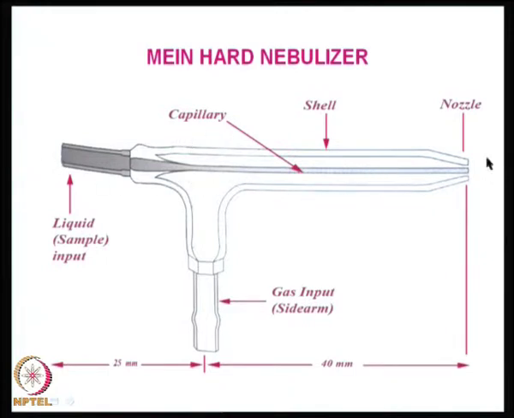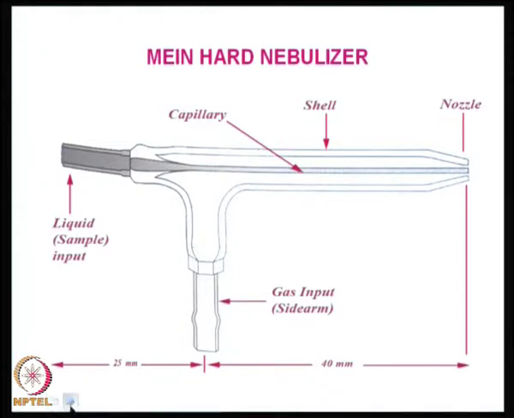There is a capillary here near the nozzle, there is Bernoulli effect because the gas is flowing all around it at a very high velocity, and the gas input is like this, and this is the outer shell, this is the capillary through which the sample is flowing, and the nozzle is here at this edge.